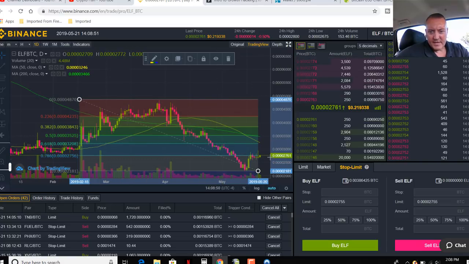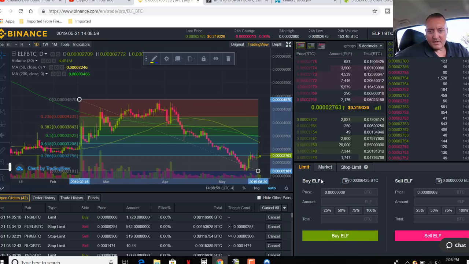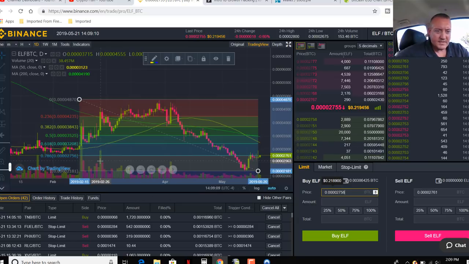It's almost right at where we should be at the buy at the 78.6 level, 2756. So let me go over to limit. $2.7, and I will change that to 5.6. That's at the 78.6 level, correct?